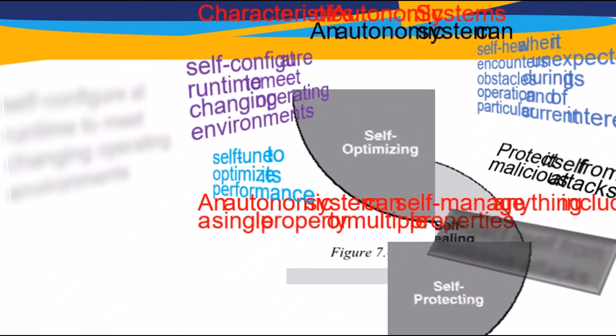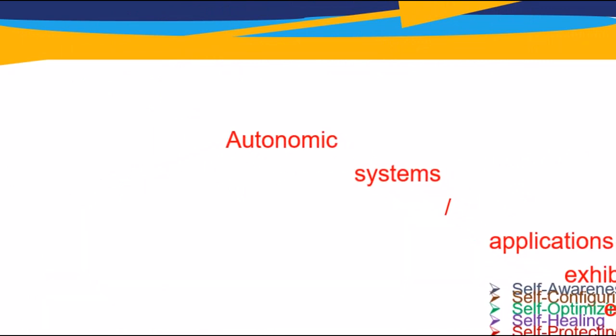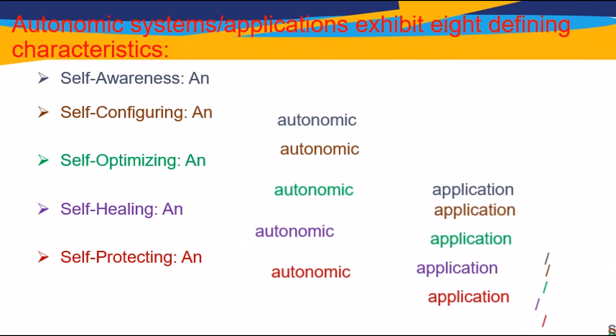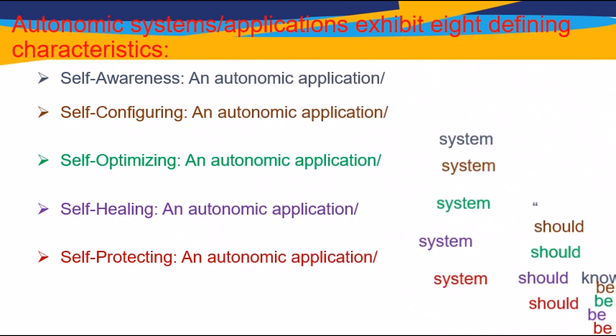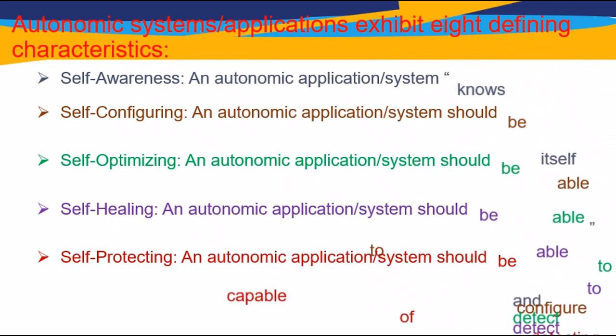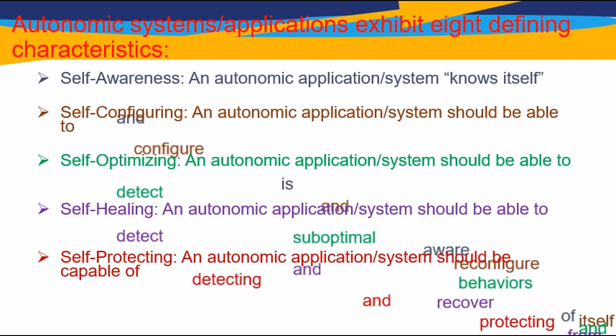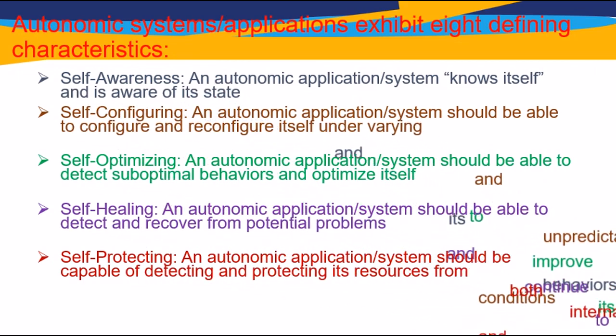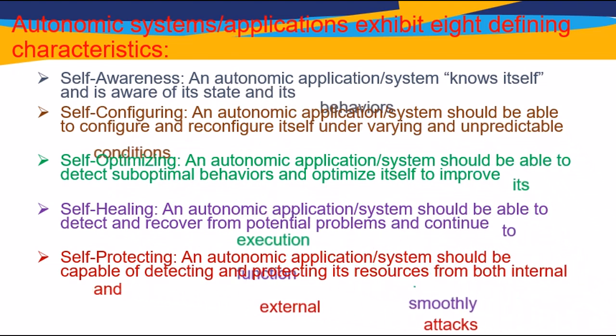On the other hand, there are 8 characteristics that define autonomic computing. Self-awareness: an autonomic application system knows itself and is aware of its state and its behavior.